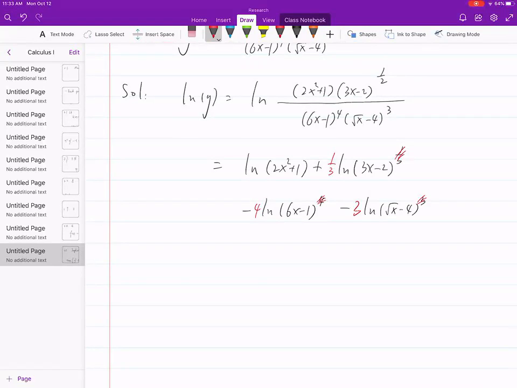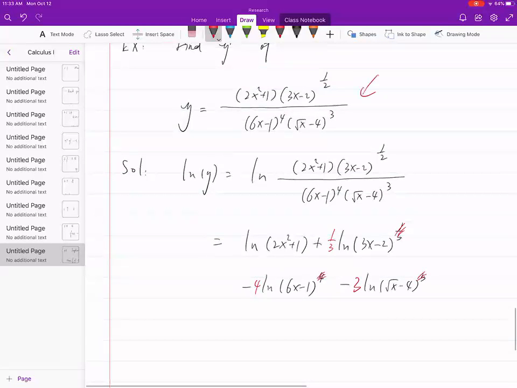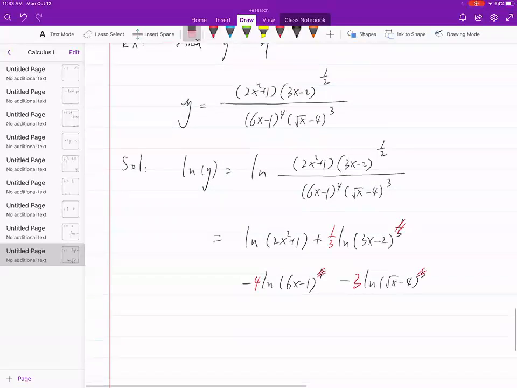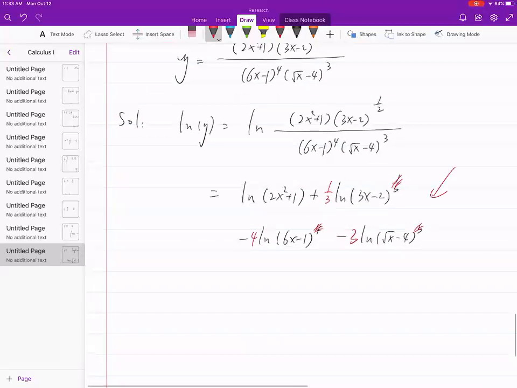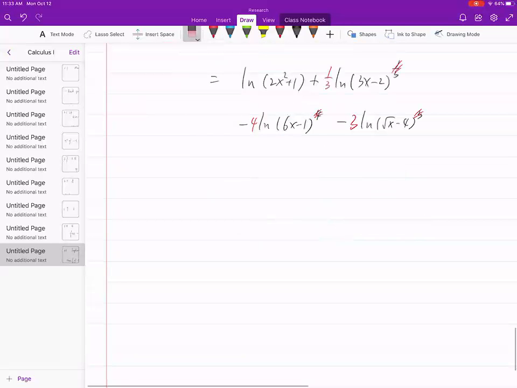Now you want to take y prime. You say, wait a second, I really don't want to take y prime of this. Then we say, since they are the same, how about we take y prime of this? Does it look nicer? Well, let's take a look. What's the derivative of ln of 2x squared plus 1? That's going to be chain rule.